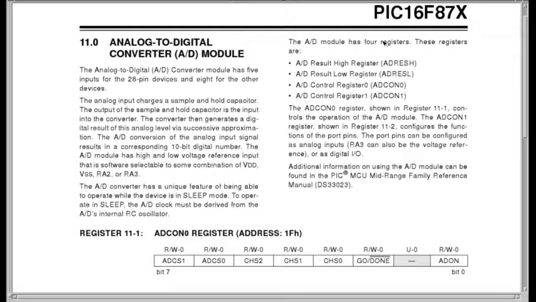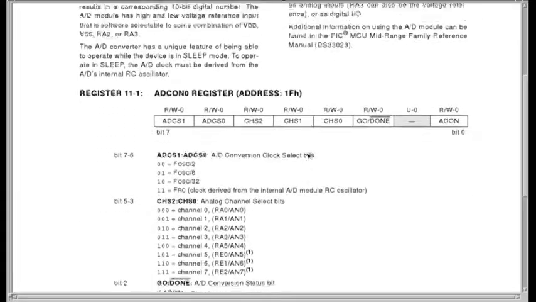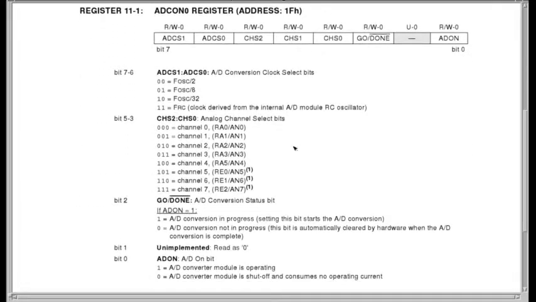There's 4 registers associated with the ADC module. That's the result register, ADRES high and low, and 2 control registers. So let's look at ADCON0. First thing we see is clock selection, and we're going to use FOSC divided by 32.